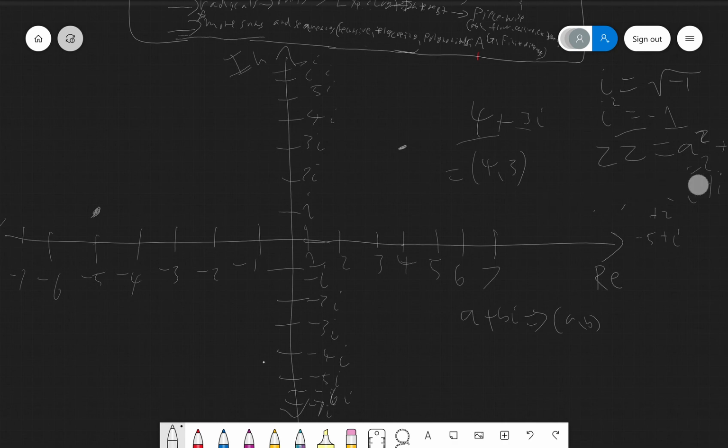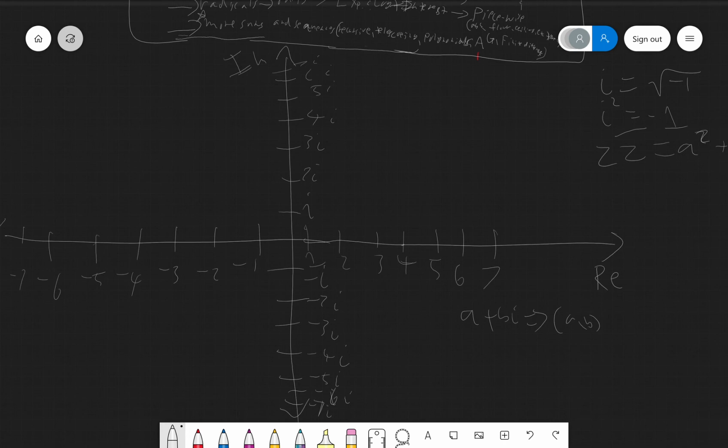So now I'm gonna begin talking a little bit about some more things about the Cartesian or the complex plane. So now, how would you graph maybe a circle in this plane?